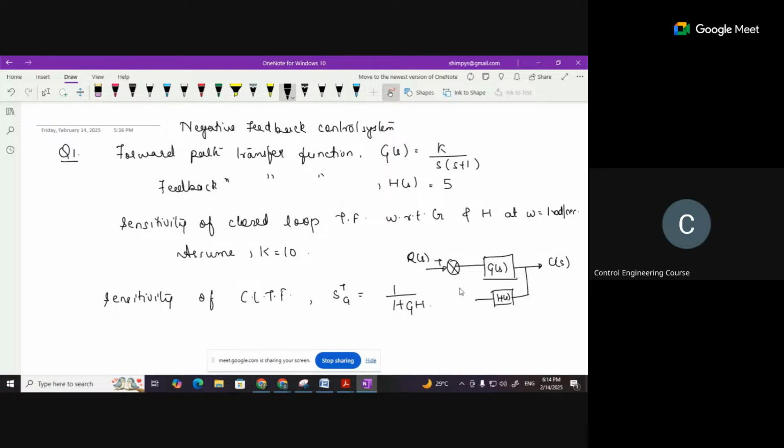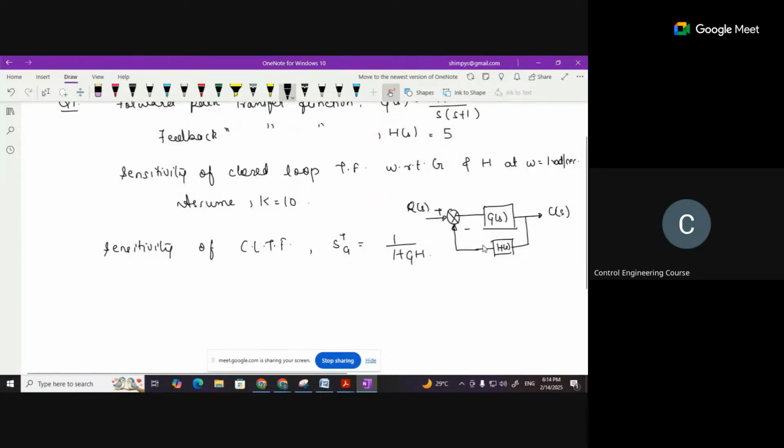These are the usual notations, and this is our negative feedback control system. The value of HS is given as 5 and this is K by S plus 1. So if we have to find the sensitivity of this closed loop transfer function, it is given by this expression, right?